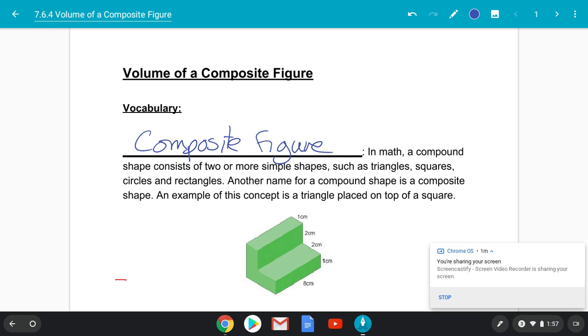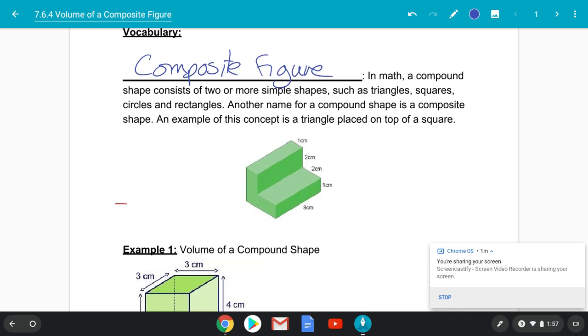Now, with two-dimensional shapes, it's usually pretty straightforward to find the area because we can clearly see our two shapes. With volume, the issue I find for most students is really identifying where those two shapes are. So for example, here we have this shape that kind of looks like a bench, if you will. And so what we have to decide is how do we want to break this into two rectangular prisms?